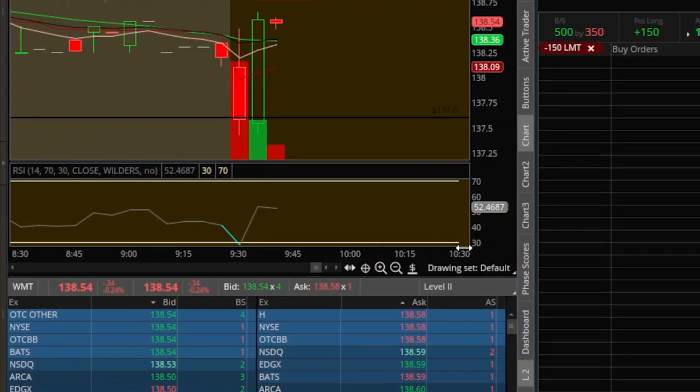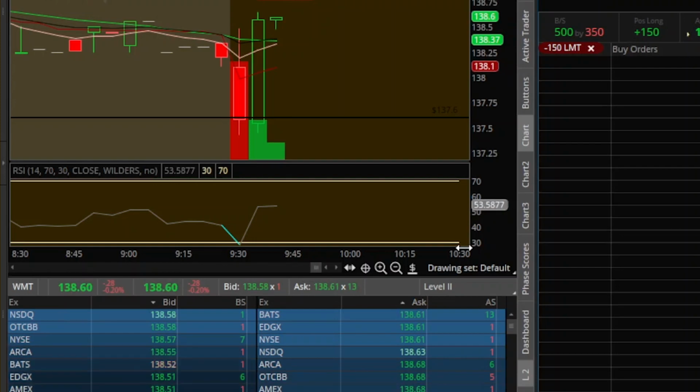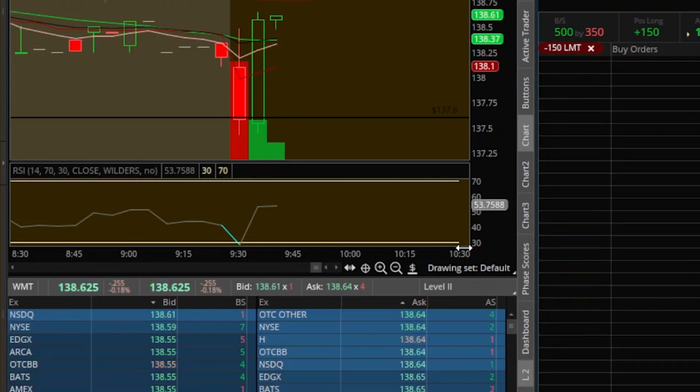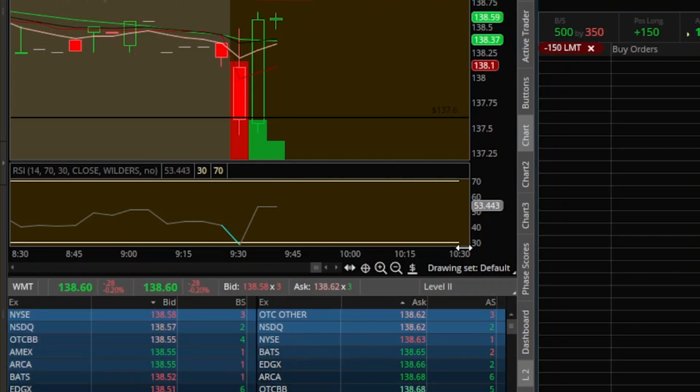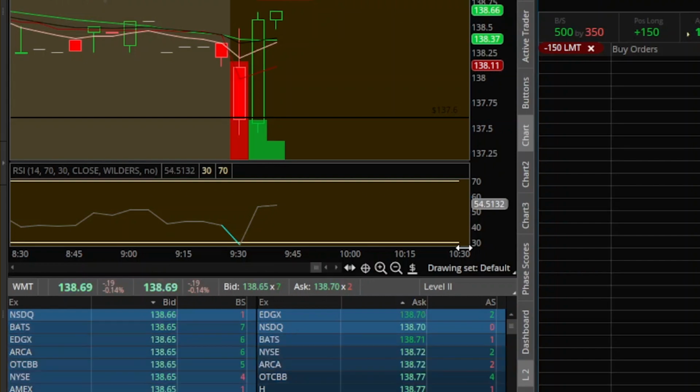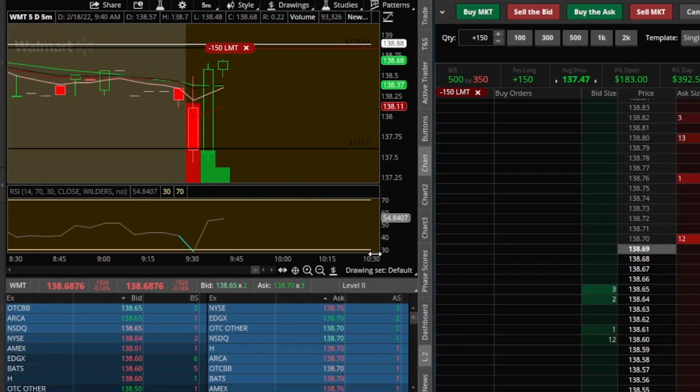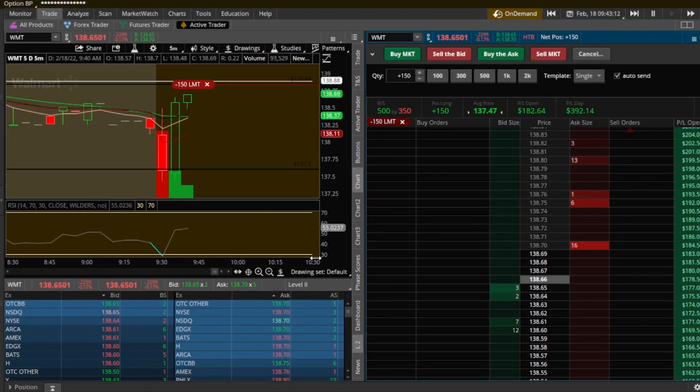Just sitting here watching level 2. This is what I would be doing in any trade. Okay, there we go. Buyers got back in control.